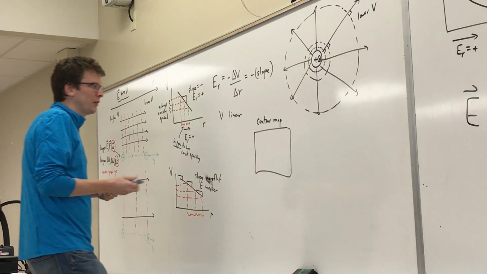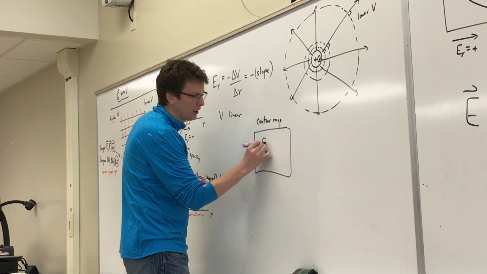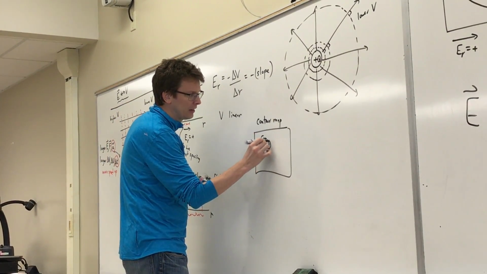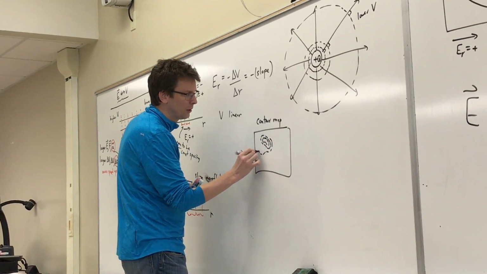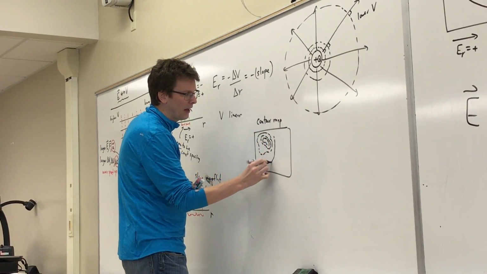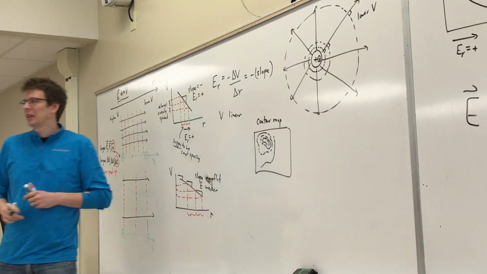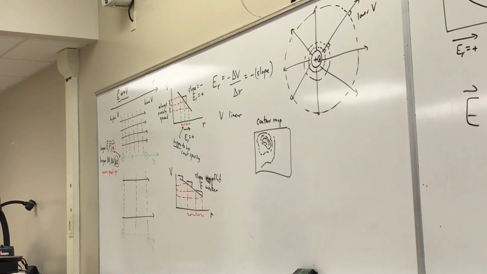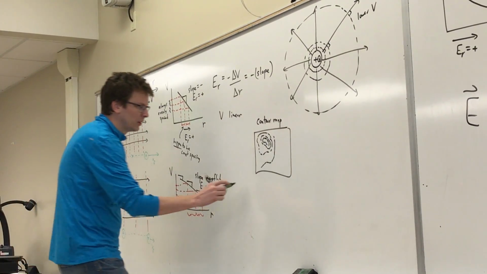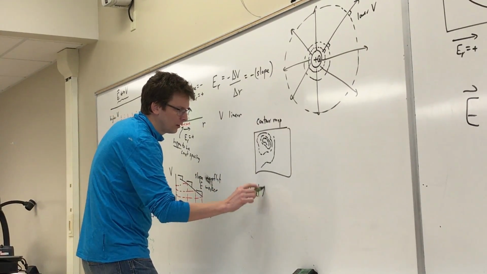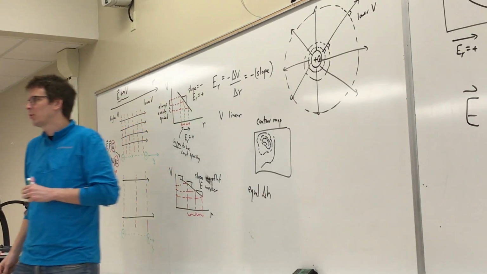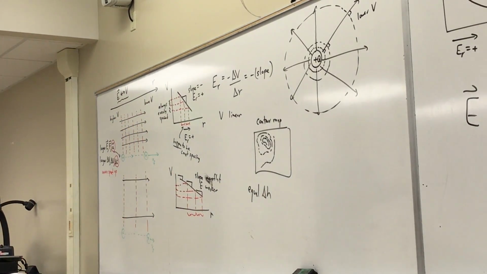So for instance, on a contour map, you will have these lines that are equal elevation lines. They get closer and further. And those tell you a lot. So, equal delta H lines. Say they might draw one of these lines every, I don't know, 100 feet or something, okay?